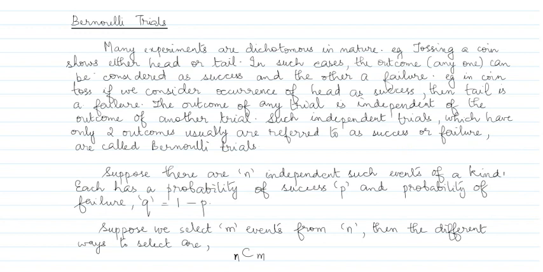Now, suppose we are trying to select m events out of n. What are the different ways to make such a selection? We had learned in the previous lecture something called combinations. So you can make nCm number of selections of m events from the given n events.